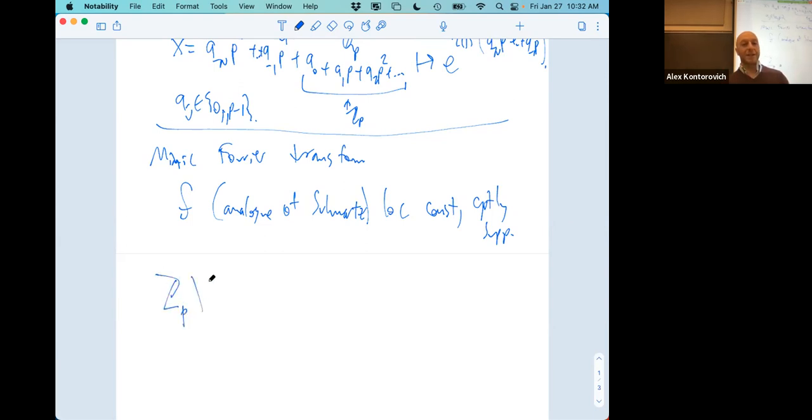So we discussed that Zp take away 0 is indeed an infinite disjoint union of units shifted by p to the n, disjoint union over n. This is like where, except for 0, there's a first non-zero digit. So that's this p to the n, Zp to the n.